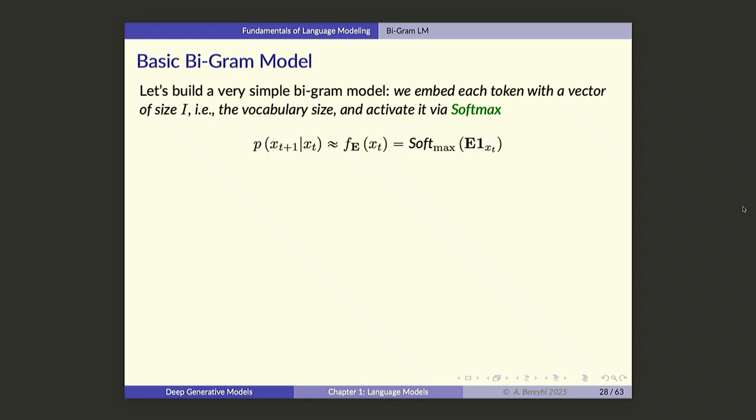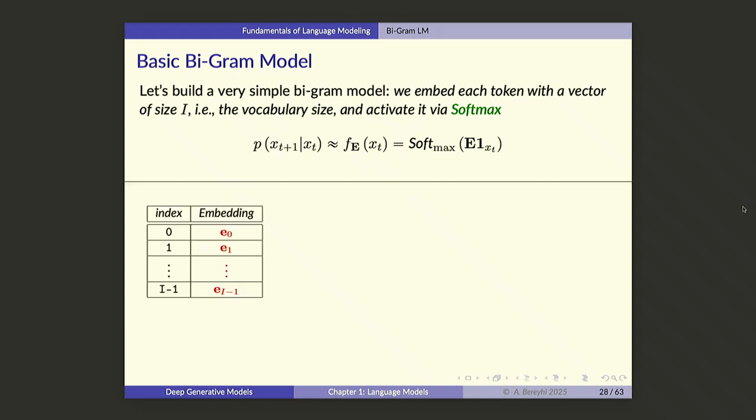Well, it works in the sense that it's matching what I want. Whether it's going to be a good model or not is another question. But right now, it's doing what I want, right? So this is the most simple bigram model you can think of. If you want to break it down, you assume that you have I different tokens inside your dictionary, and for every single one of them, you're considering one embedding.